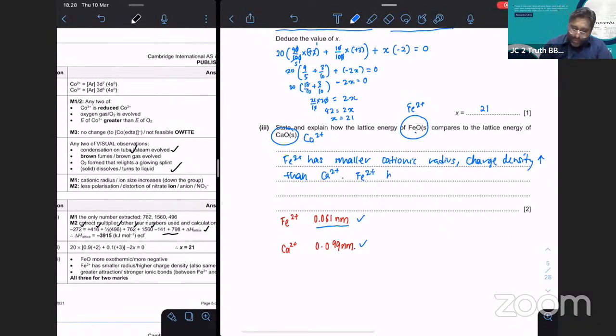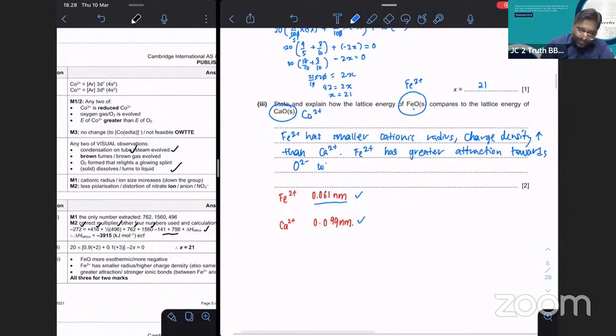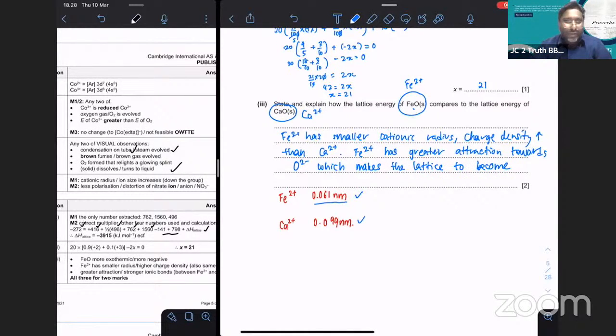So it has greater attraction towards O2-, which means more bond forming, which makes the lattice energy more negative, since lattice energy is always negative.